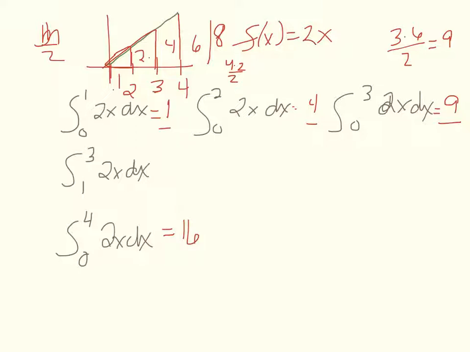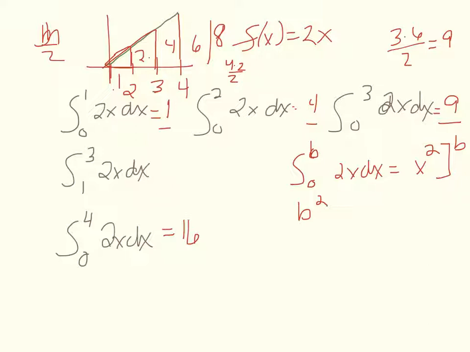So, in other words, the integral from 0 to b of 2x dx equals x squared, which, substituting in the b, is really just b squared. So from 0 to 10 would be 100.